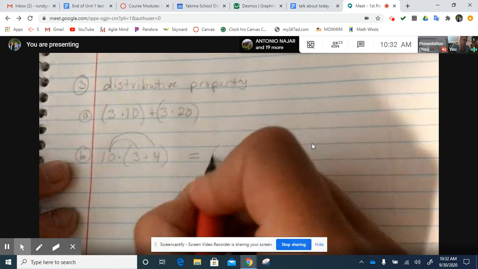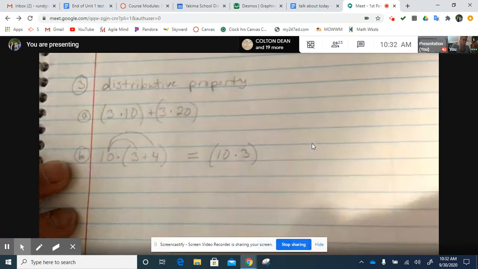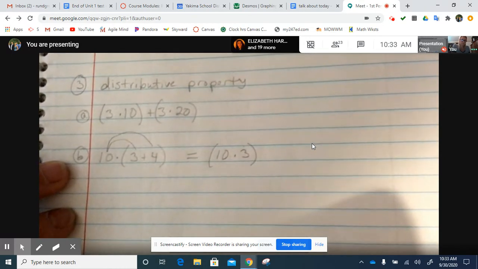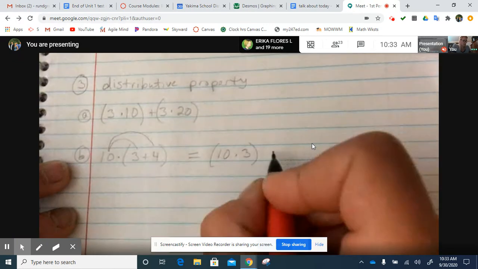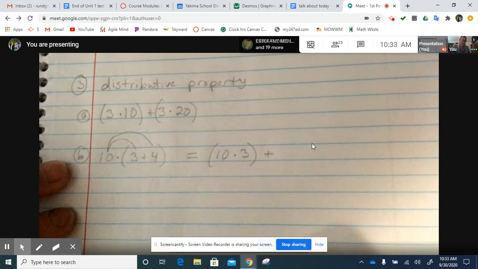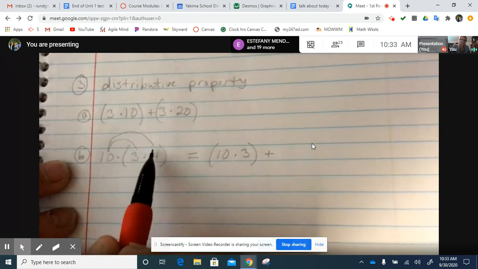So let's go ahead and write that. 10 times 3. And because there's a plus sign right there, we're going to be adding that on to 10 times 4.